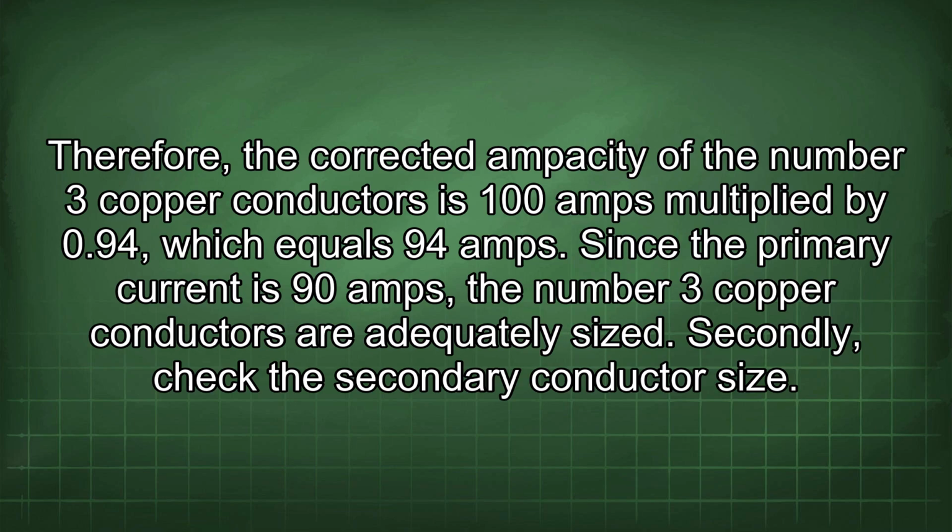Therefore, the corrected ampacity of the number 3 copper conductors is 100 amps multiplied by 0.94, which equals 94 amps. Since the primary current is 90 amps, the number 3 copper conductors are adequately sized. Secondly, check the secondary conductor size.